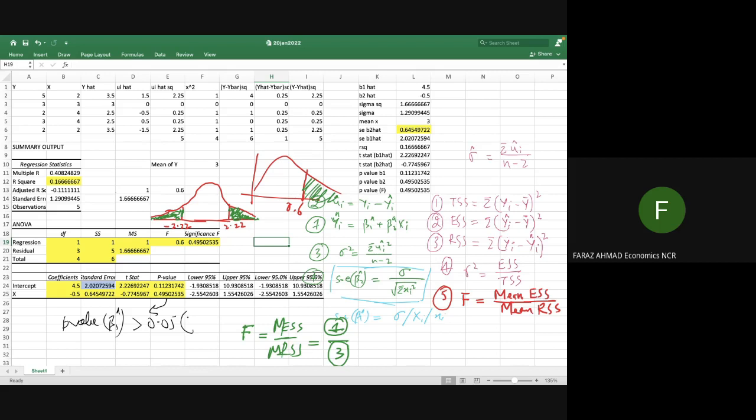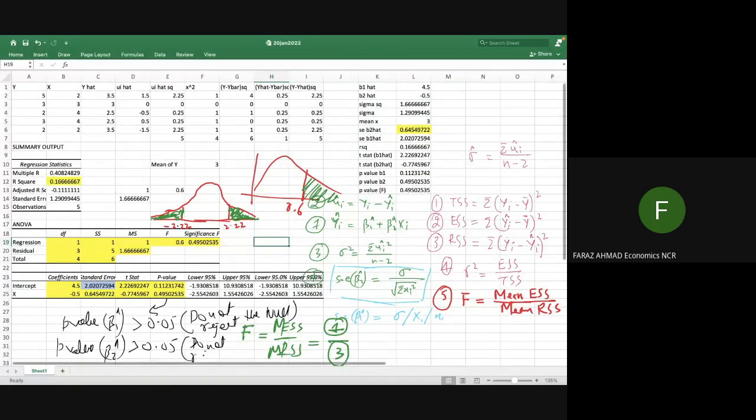So your result is do not reject the null. The p-value of beta 2 hat is also greater than 0.05. So again, your result is do not reject the null, right? Because the p-value is 0.49, which is greater than 0.05. So you are not able to reject the null for beta 2.